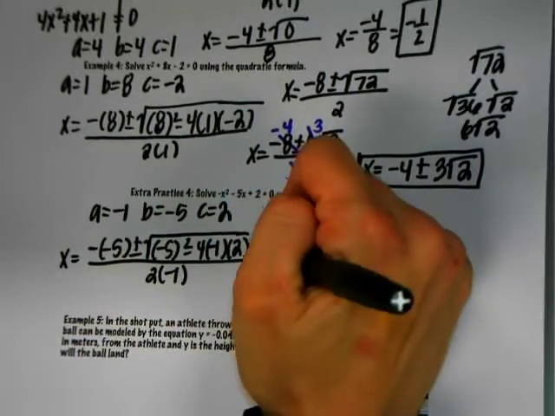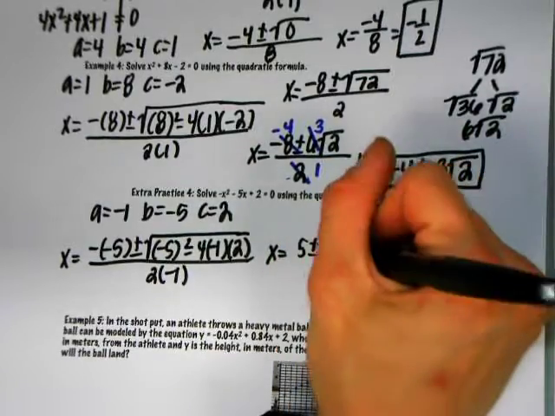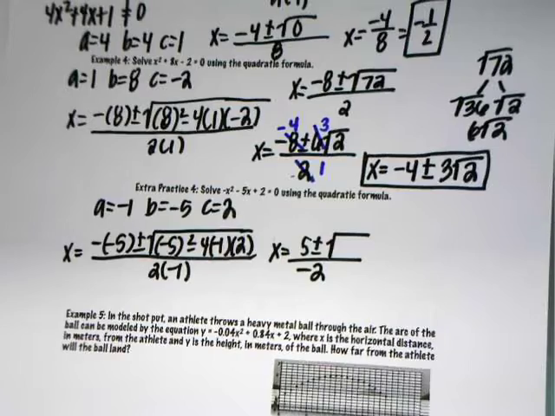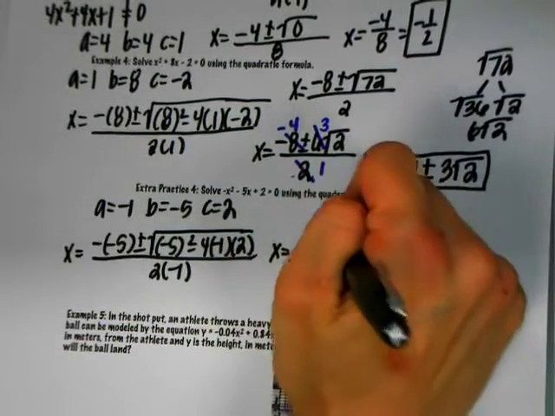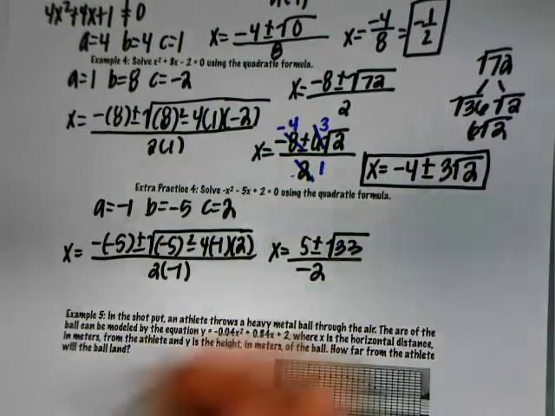So you're going to have 5 plus or minus square root of something. Anyone got it? 33, yeah. All right, can you take the square root of 33? Can you break it down? No, so then you're done.